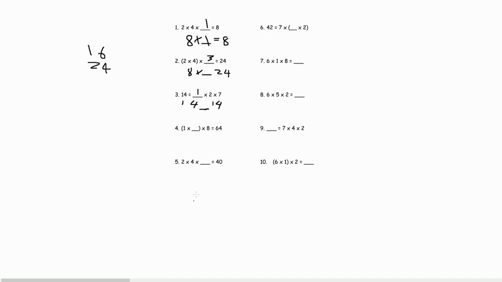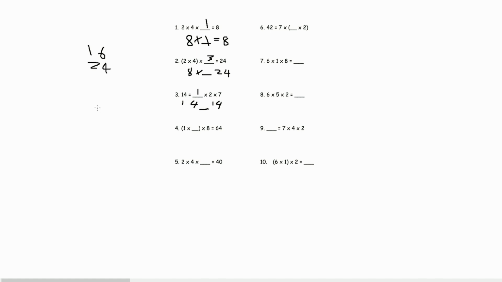So on this one, 1 times blank, times 8, is 64. Since it's in parentheses, we're gonna have to do that one first, so we can't do times 8 first. So let's just do 1 times 4.